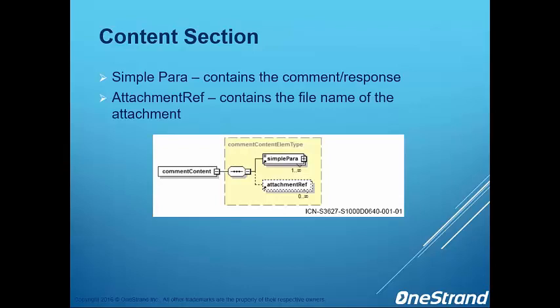Traditionally, Word, Excel, and PDF are the most common ones that you're going to have as an attachment. So we're putting all of that information together into this comment module. And that makes sense because sometimes it's easier to make a comment like, please refer to this document or this information, and they can attach a whole file for you to reference on why there's something wrong with this particular information.